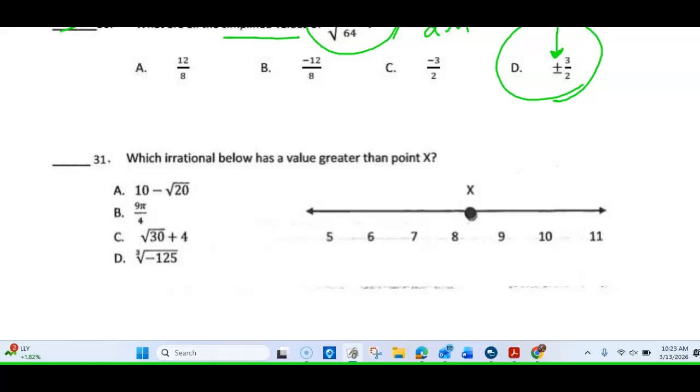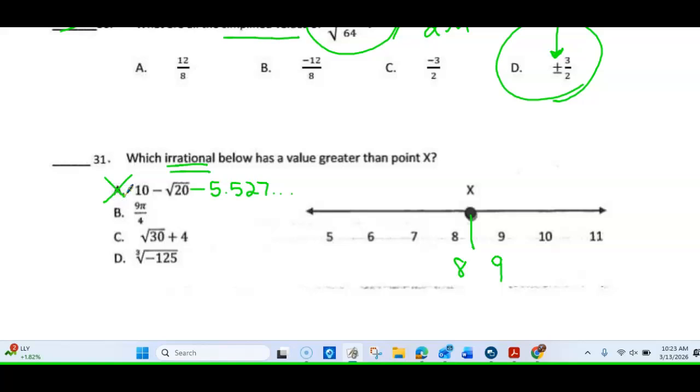The next one said, which irrational has a value greater than x? X looks like it's more than 8, but less than 9. When you put these in your calculator, this first one gives us 5.527... Not that.